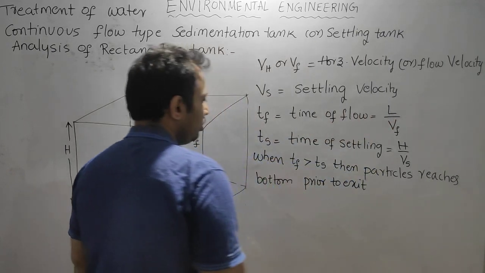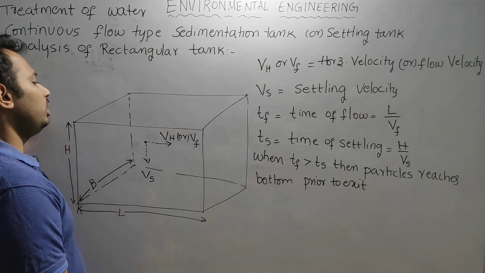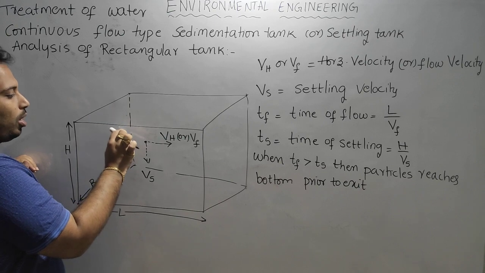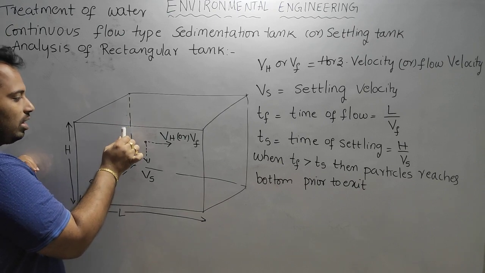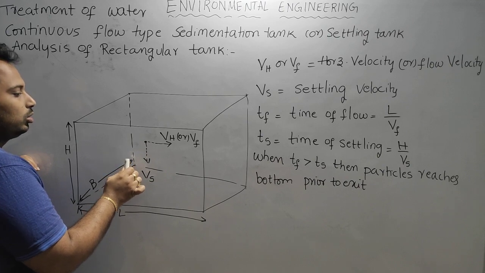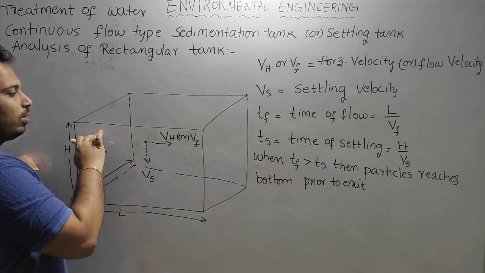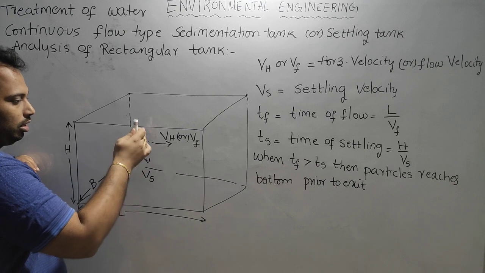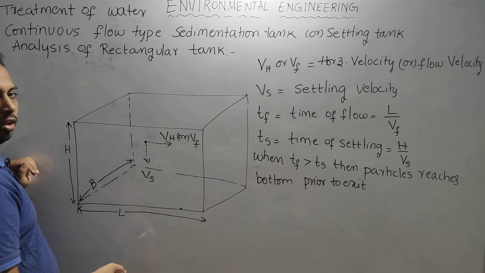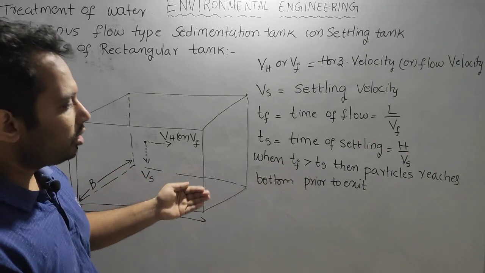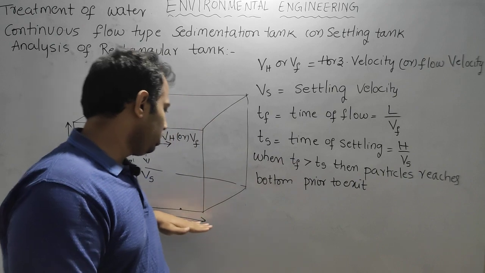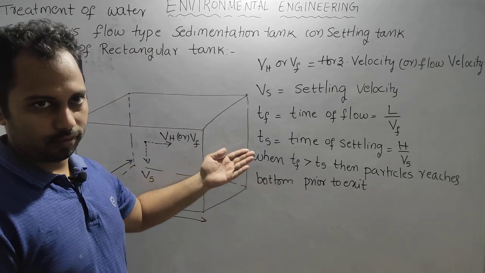That means when the time of flow is more, the particle is slowly traveling in the horizontal direction, but it is fastly moving in the vertical downward direction. So before Tf is covered, Ts is completed, and somewhere here it has settled down. Are you getting me? So when Tf is greater than Ts, the particle reaches the bottom position first, then the exit.